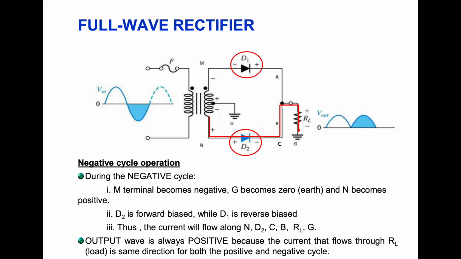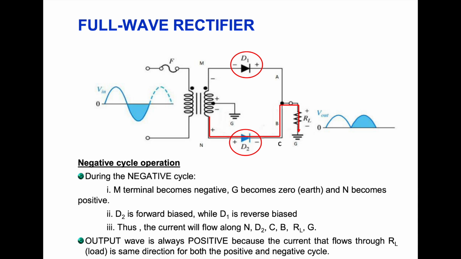And then during the negative cycle operation, this M terminal, which just now became positive during the positive cycle, now during the negative cycle becomes negative, and G is 0 again, and N becomes positive.